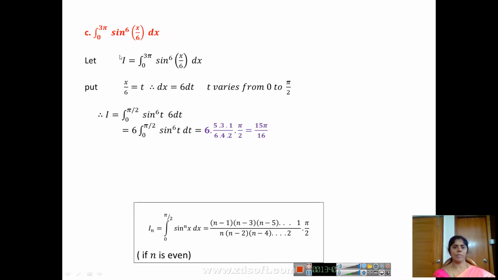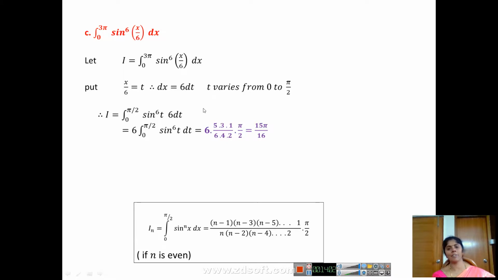If x is equal to 3 pi, divided by 6, three ones are 3, three twos are 6, t becomes pi by 2. So the entire problem we can rewrite in this format: I equals the integral from 0 to pi by 2 of sine to the power 6t into 6 dt.